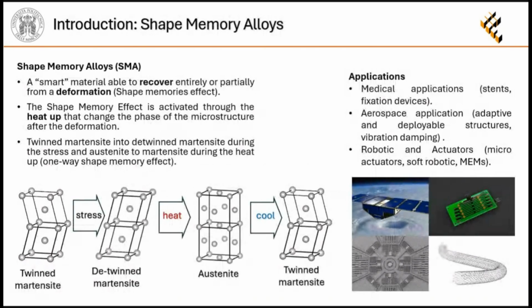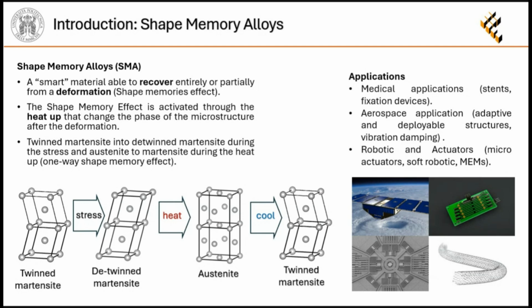They are a type of alloy that can recover entirely or partially the deformation. Among the shape memory alloys, we will see an alloy that presents the one-way shape memory effect.